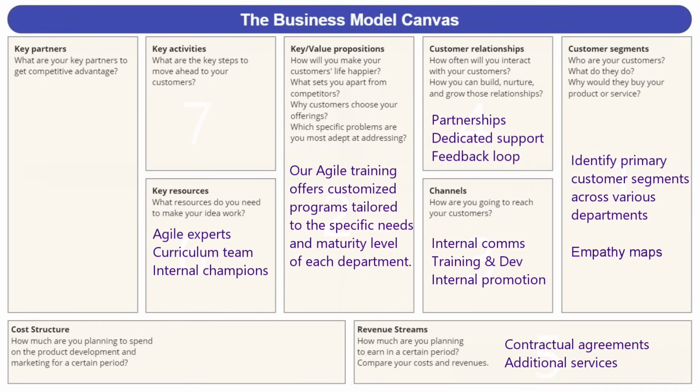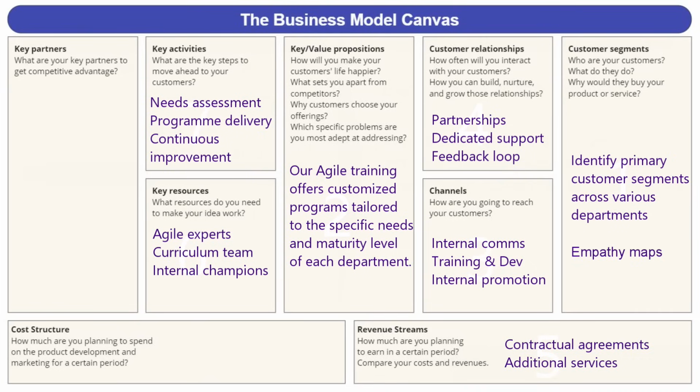The next step is to define the key activities. For our training project here, we consider three main activities. One, needs assessment. So that's understanding the organization's current state, the goals and challenges, so that we can design our customized training program.